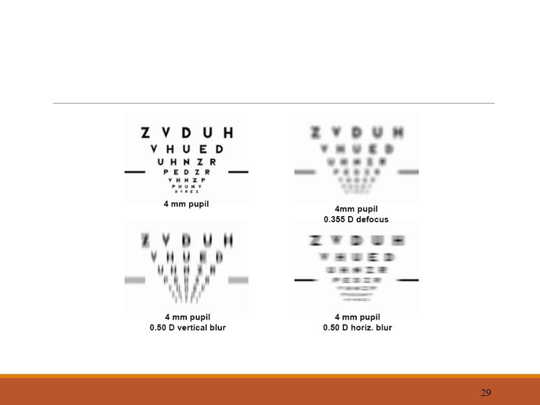If you look at the third one, it is vertical blur at 0.5 diopter, and we also have horizontal blur at 0.5 diopter. So you can see the difference between vertical and horizontal blur, and also if you have a problem with defocus.